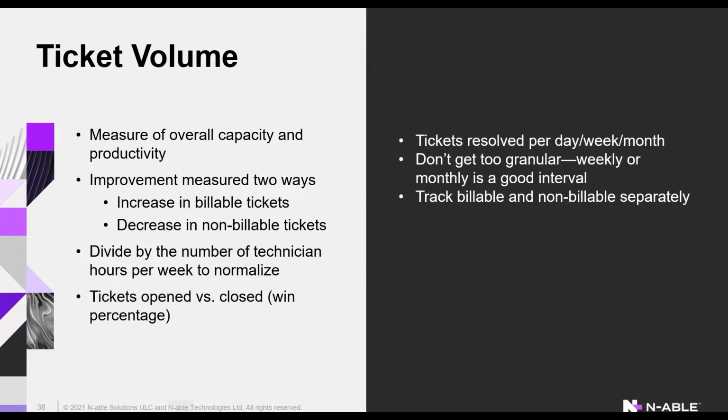The decrease in non-billable items tells us that our automation and our documentation and our SOPs are doing their job. And an increase in billable tickets or outside of scope tickets or project work is telling us that we're solving complex problems, that highly profitable and large part of this pie, the pie chart we saw earlier, is getting bigger.